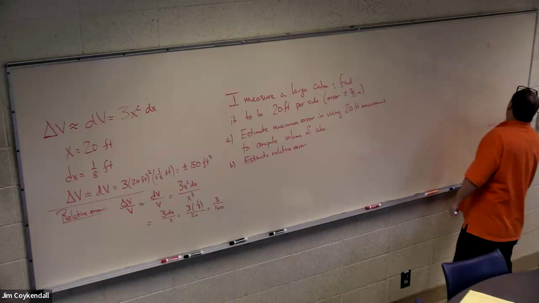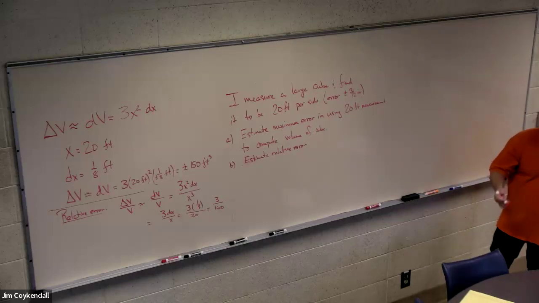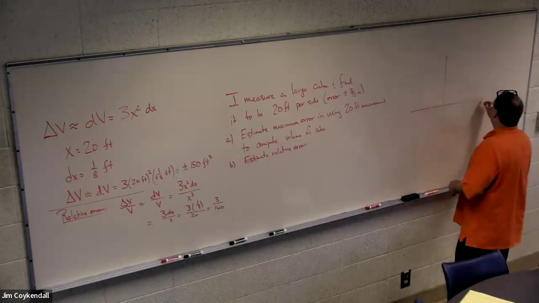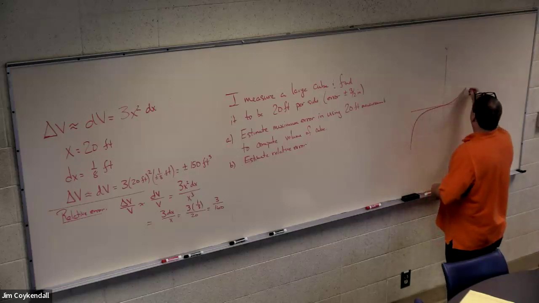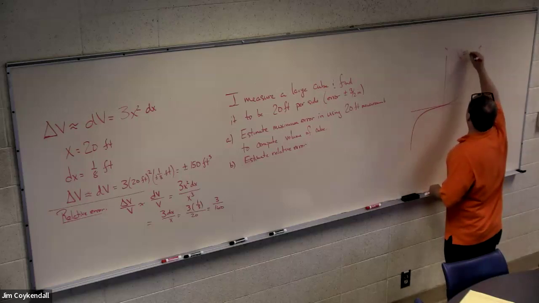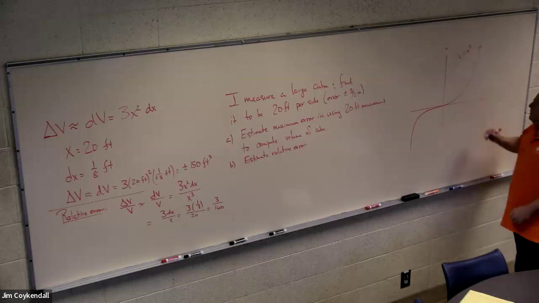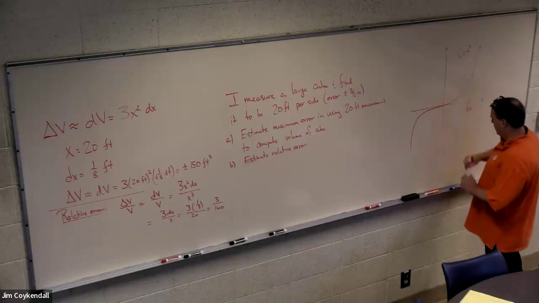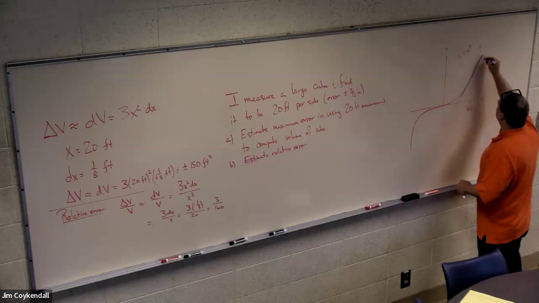What you're doing in these kinds of problems, no matter how you do this, using differentials or whatever, is using a tangent line to approximate, right? So if I were to graph this function, what I'm doing is using 20 feet, and using the tangent line here to approximate this function, no matter whether I couch it in terms of differentials or in terms of whatever.